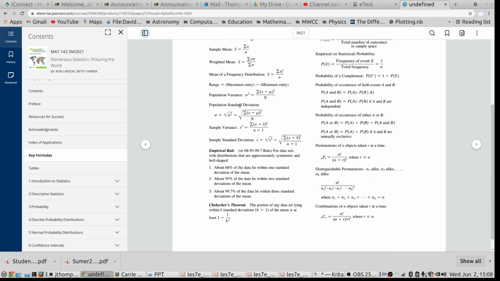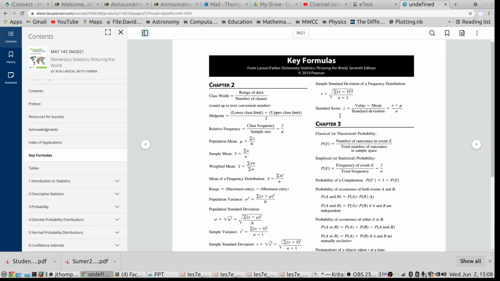An understanding that variance tells you the average distance all your data is from the mean, or how far it spreads. And that the z-score talks about how far away you are from the mean within the particular spread you have. These concepts will come back up over and over again. All right, that's my chapter 2 recap.